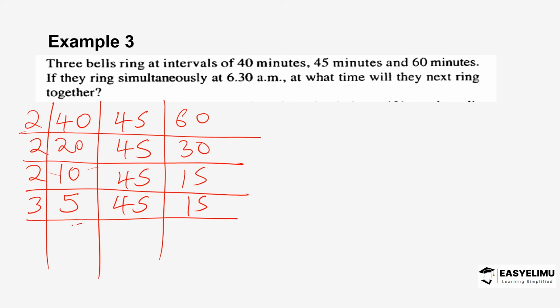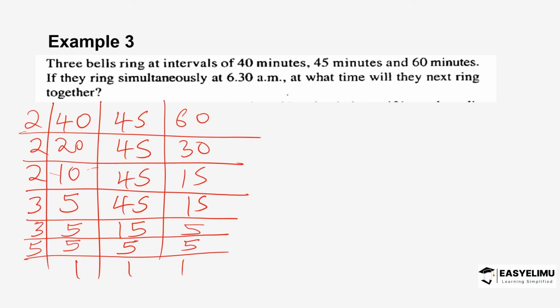So 3, 5 not divisible by 3. 45 divided by 3 is 15, and 15 divided by 3 is 5. 3 still, 5 not divisible by 3. 15 divided by 3 is 5, and 5 is not divisible by 3. Then we have 5, 1, 1, 1.